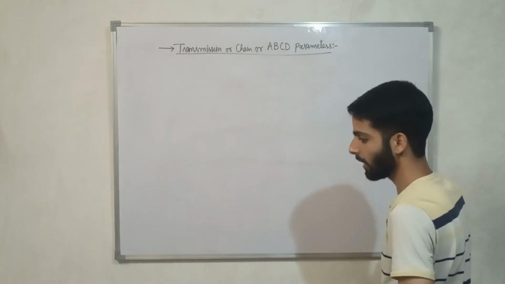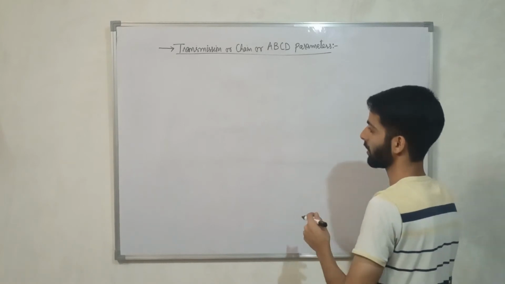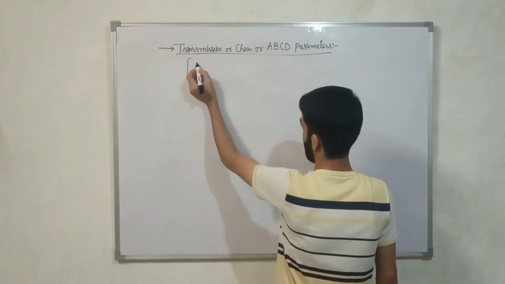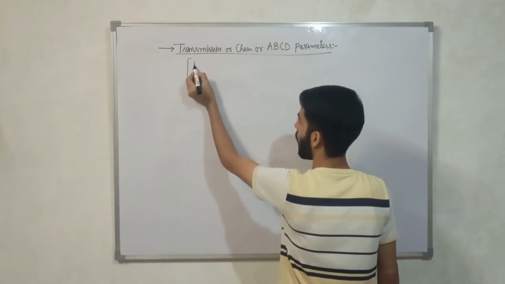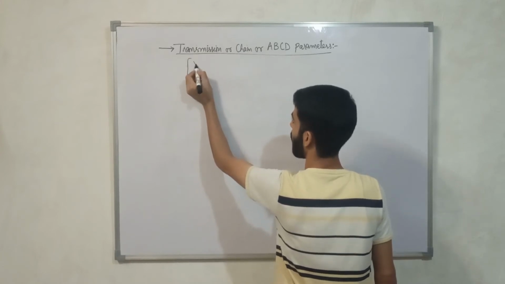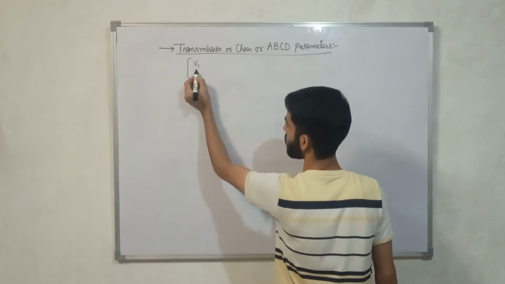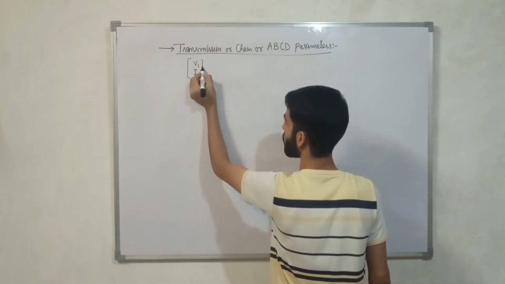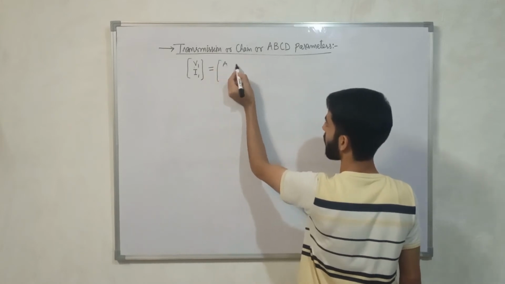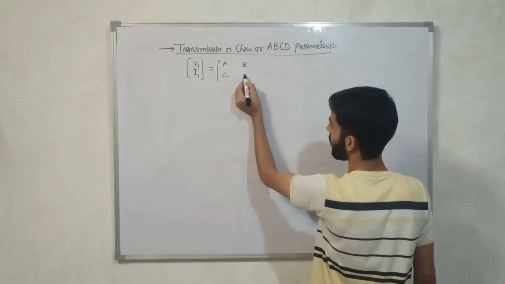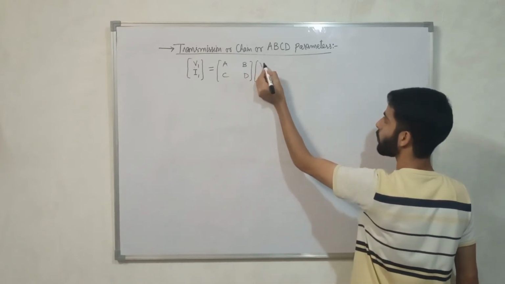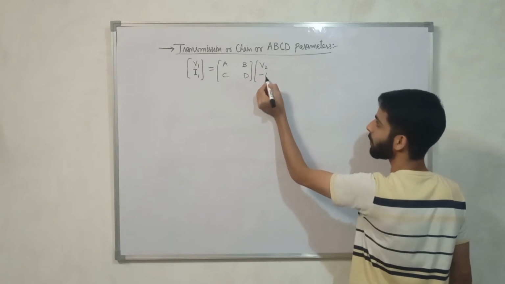Let us write the matrix equations directly from here. They are written as V1 I1 is equal to A, B, C, D times V2 and the negative of I2.